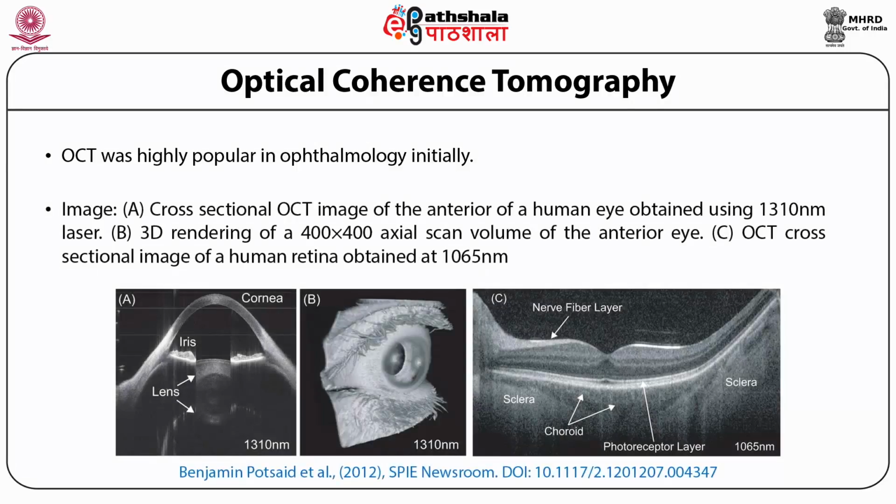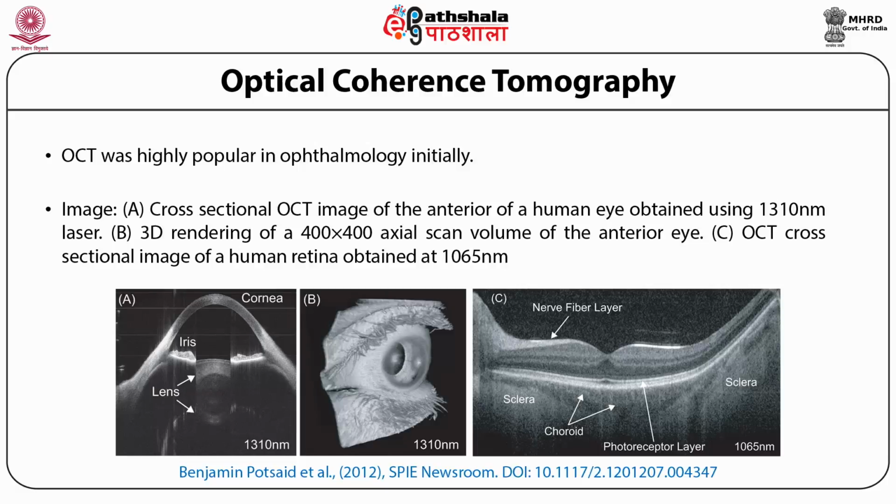In the images shown here, image A is the cross-sectional OCT image of the anterior of a human eye obtained using a 1310 nanometer laser. Image B presents a 3D rendering of 400 by 400 axial scans of the anterior eye. The third image represents the OCT cross-sectional image of the human retina obtained at 1065 nanometer.